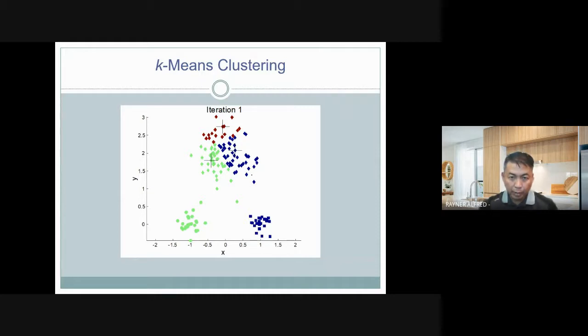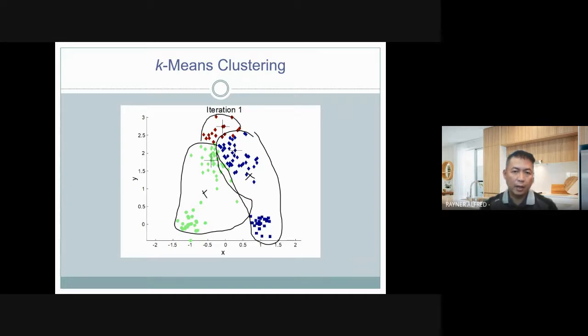It could be somewhere here, because if you look at the cluster here, the new centroid will be here. Similar to this, the new centroid may be here and so on. Okay, so let me erase this one first, because I believe we have this illustration.